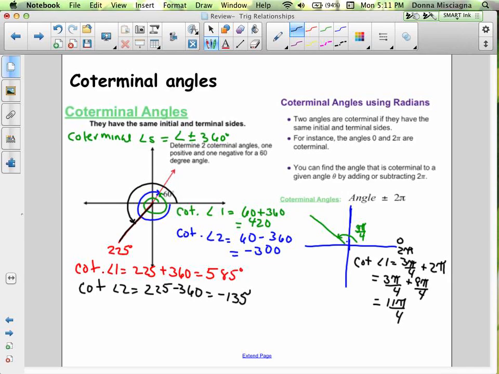So this angle goes around the circle before it lands in this very same spot. So that's an angle that's 11 pi fourths. Let me write that a little bit better there.